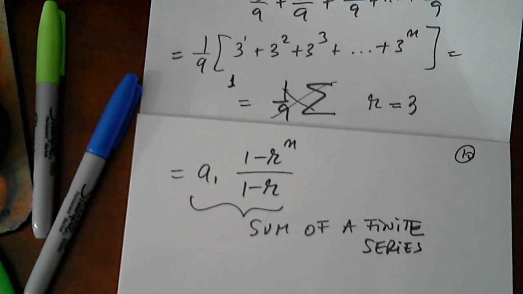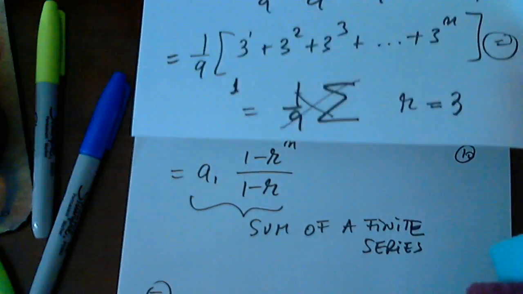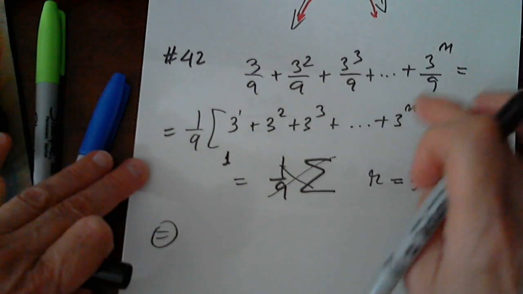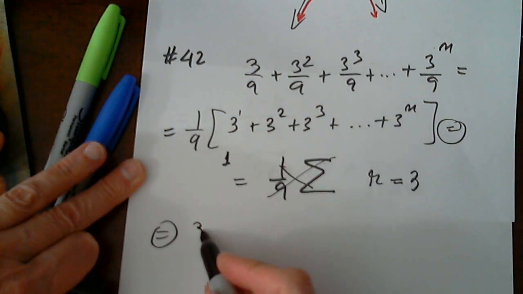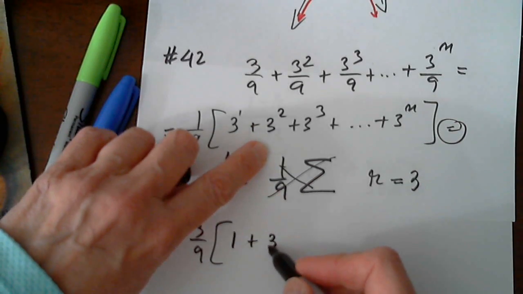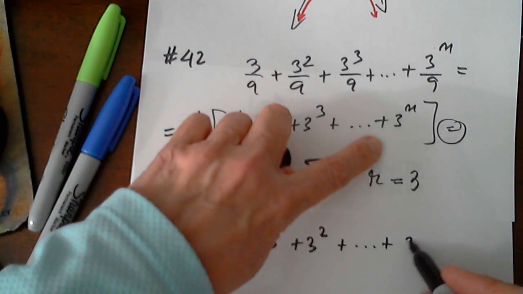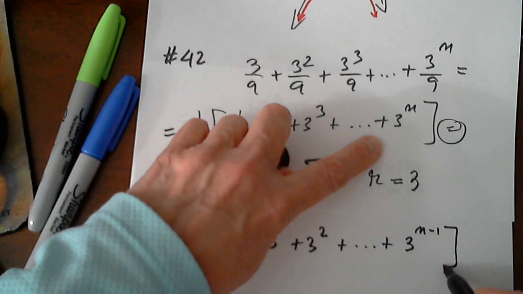So I am going to first factor out a 3. So I have 3 over 9 in front, and then I have 1, plus 3, plus 3 squared, plus dot, dot, dot, plus 3 to n minus 1.